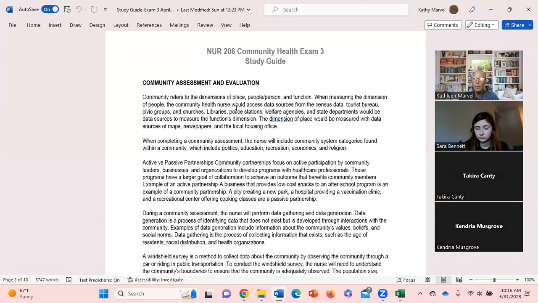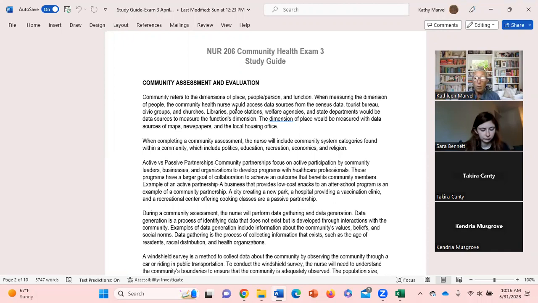So what kind of question might be asked about the 3 dimensions of the community based on the information in this paragraph? What might you be asked? Maybe a select all that apply. Okay. Maybe you're asked, what are the 3 dimensions? Or you're given a scenario and asked, which dimension does this focus on?